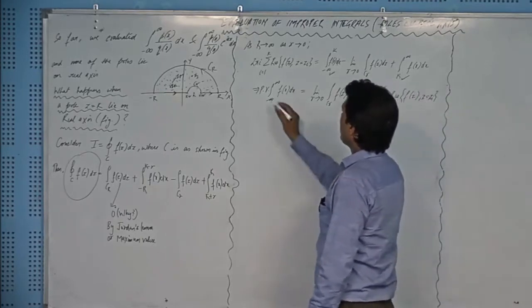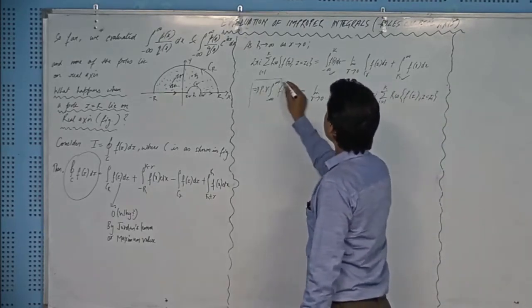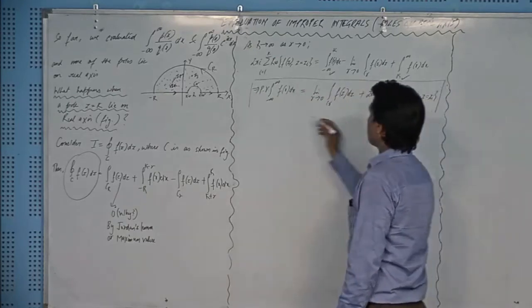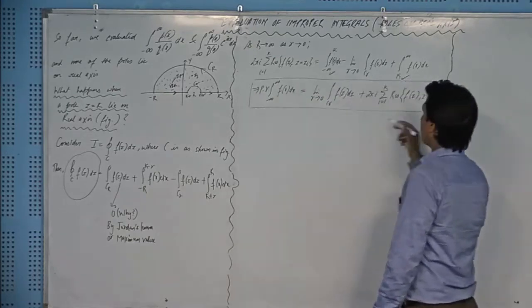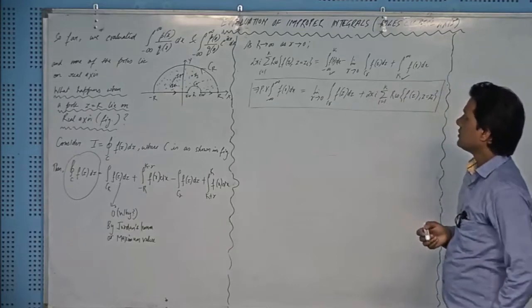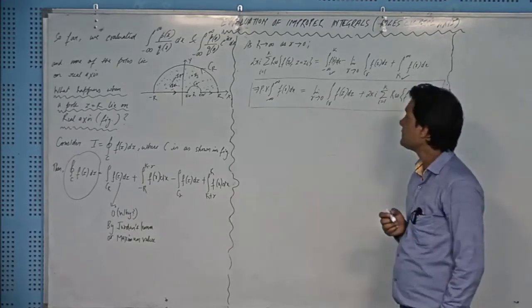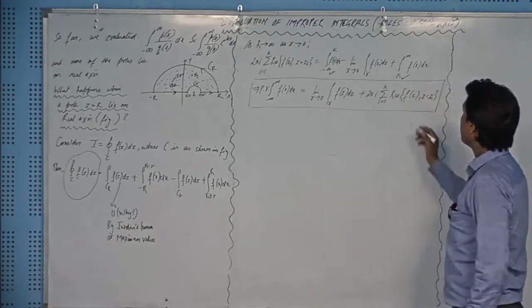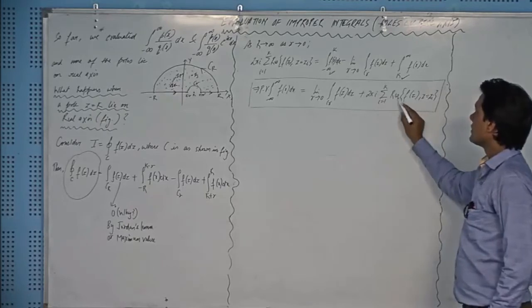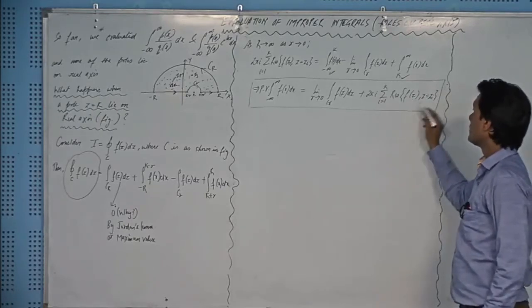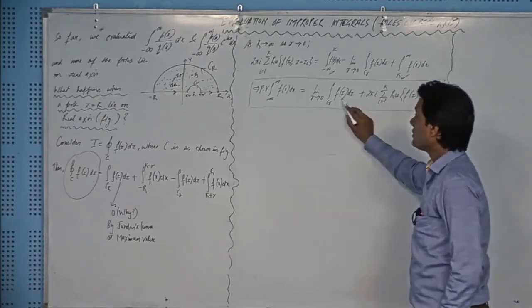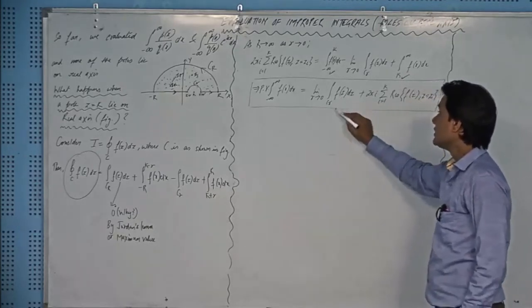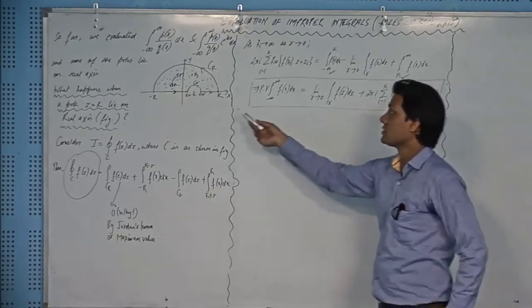So ultimately we have this expression for the value of the integral. The residue of f(z) is known. What about the value of the integral along this small semicircle?